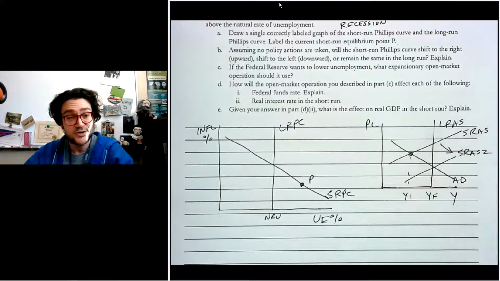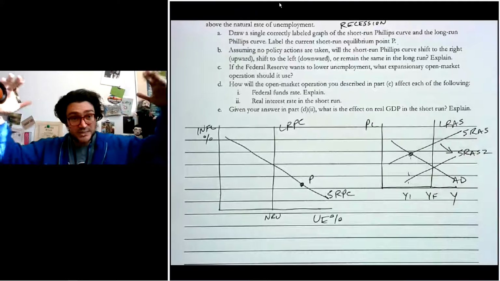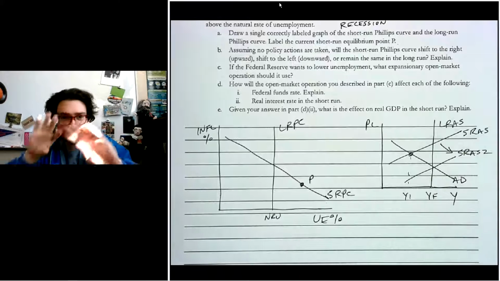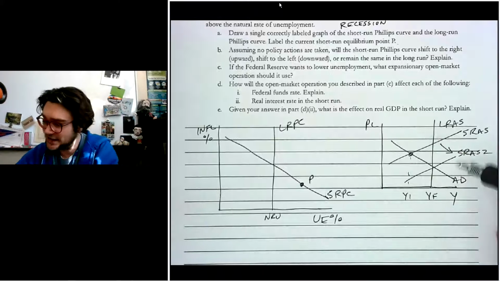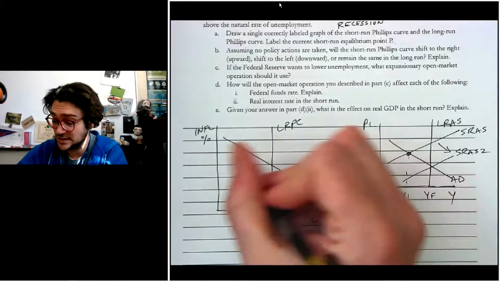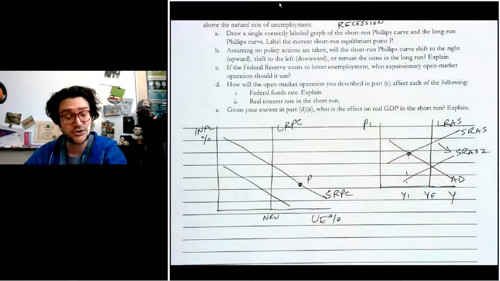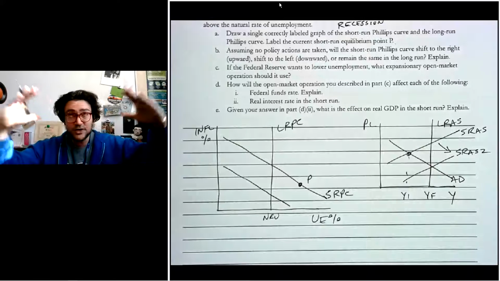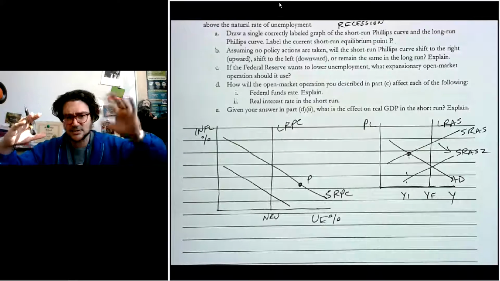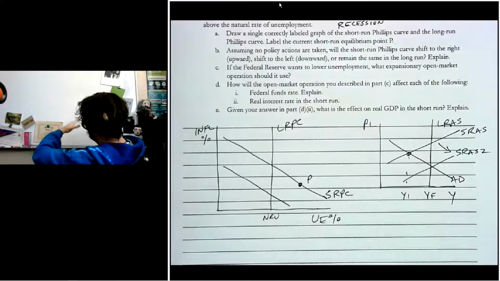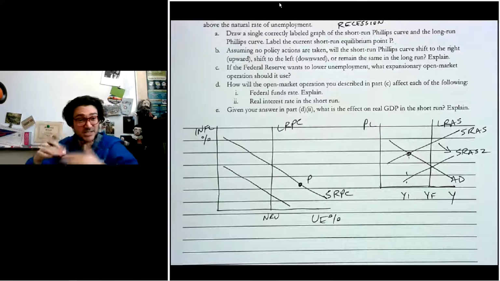Now we know that the shifters, resource costs, for one are the shifters for the other. I drew these kind of backwards here, but if SRAS is shifting to the right, then SRPC is shifting to the left, because they move opposite each other. Just so you know, on an AP test it's totally okay to use your hands: the SRAS moves to the right, so the SRPC has to be moving the other way.